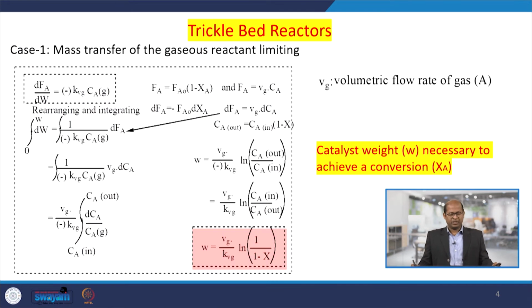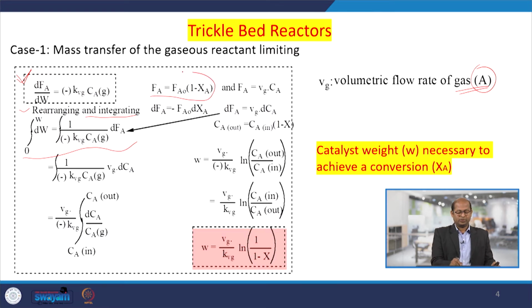Here, why are KVL or KVG important? You can see the gaseous reactant, component A, that is the gas, and let us say that is the limiting reactant. Then if we have the material balance or mole balance equation for this, we rearrange and integrate it.